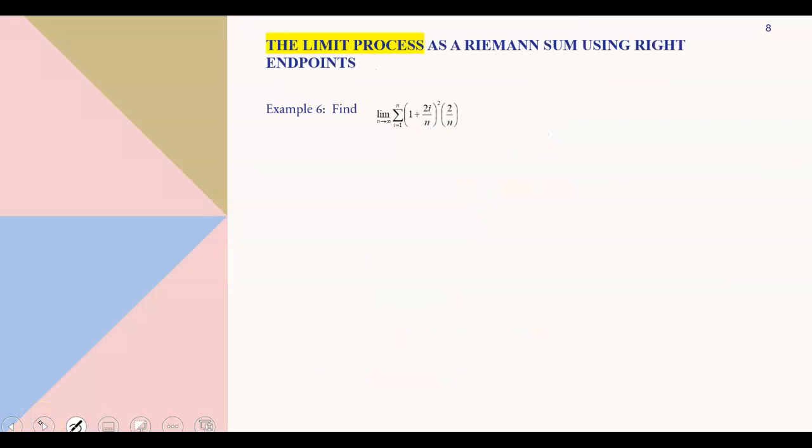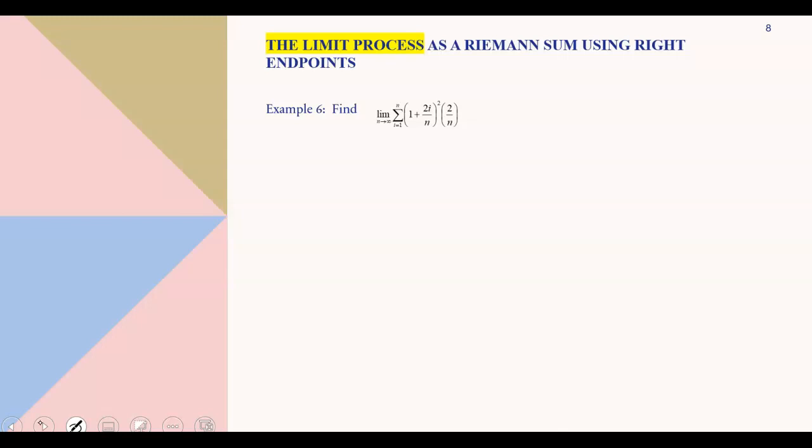So it says the limit process as a Riemann sum, right? The limit as n approaches infinity, meaning now we have an infinite number of subintervals. Instead of telling you 5 subintervals, now it's an infinite number, which means it is finding the area like your calculator did, where it's shaded underneath.